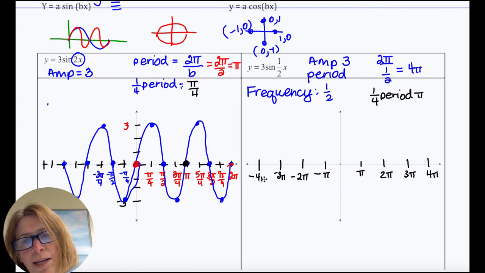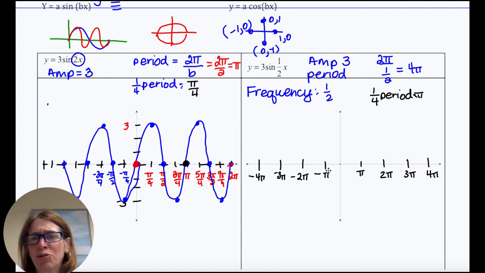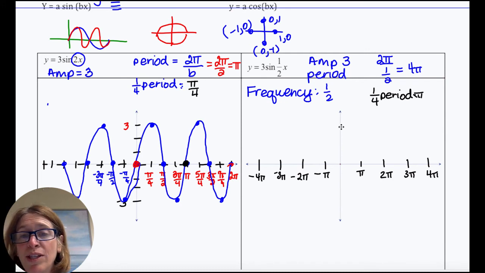And I hope you're seeing why I'm using this idea of quarter period. It's just going to help you when you are trying to find where the quadrantals should be once we change the period, but where we want to put our tick marks along the x-axis, which actually can be challenging when you're doing these trig graphs.